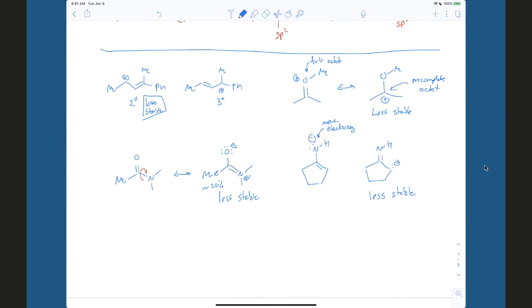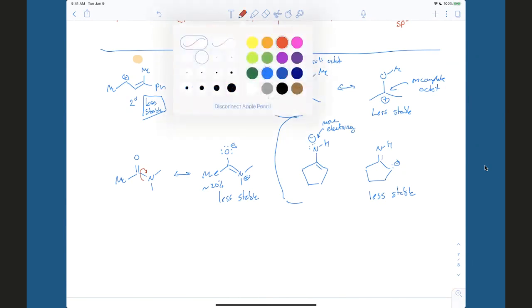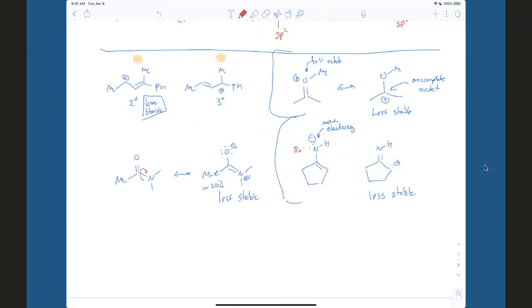So each of these have a filled octet on this one? Or are you talking about this one? This is the only example that has an incomplete octet in a carbocation, but both have incomplete octets, so both this carbocation and that carbocation, one doesn't have an advantage. In this case, this nitrogen has 8 electrons, and this carbon has 8 electrons, because we do still have the hydrogen here.